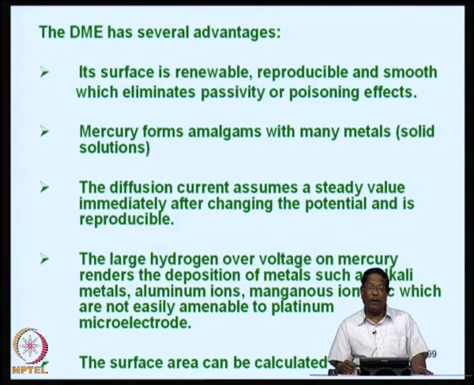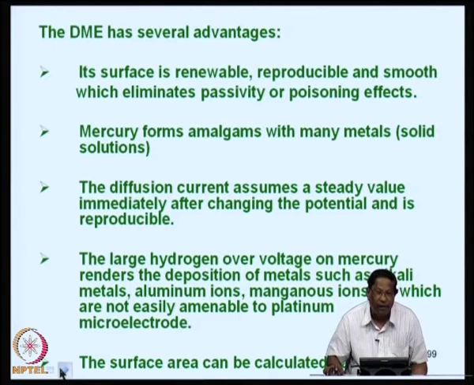And another advantage is the surface area of the mercury drop can be calculated very easily. All you have to do is take 10 drops of mercury in a beaker and weigh it, assume that each mercury drop is almost spherical, calculate how much each drop weighs, and then you can determine the surface area very easily with simple arithmetic.